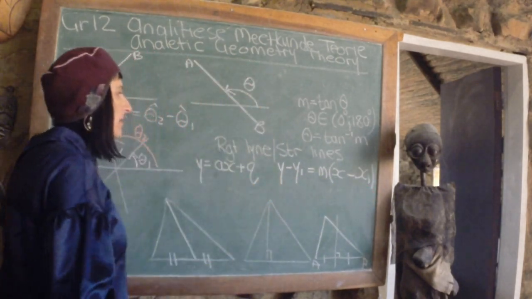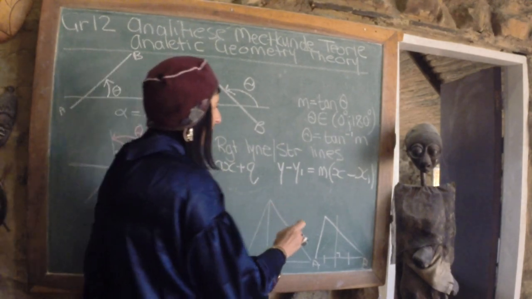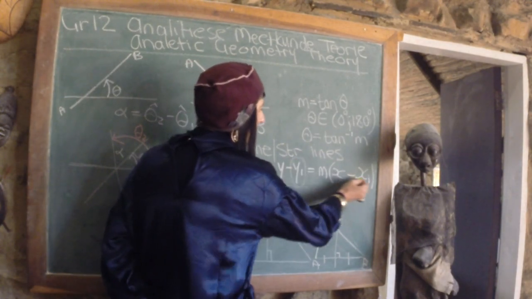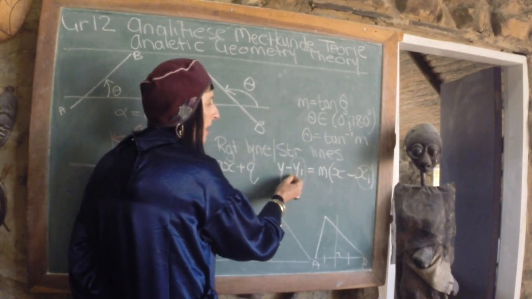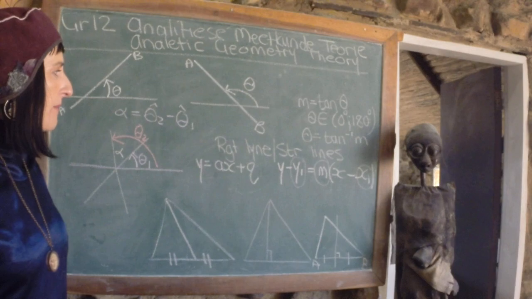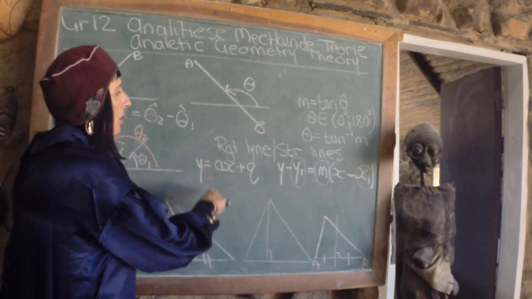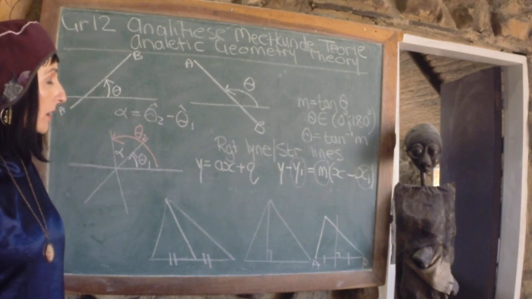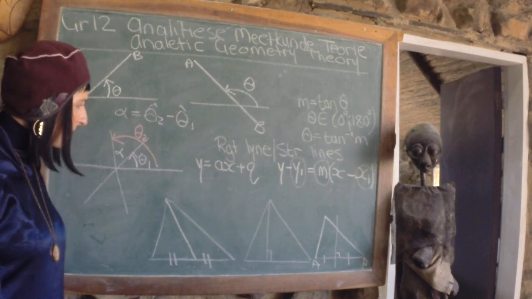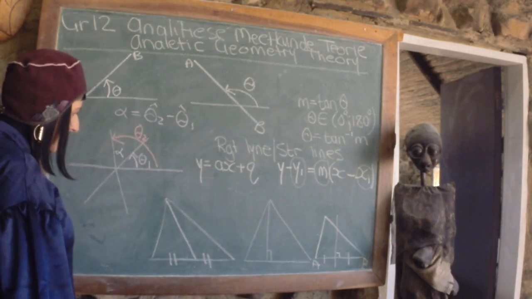Ons gebruik hierdie standaard vergelyking as ons een koördinaat en die gradiënt het. Then we insert the coordinate into the place of x and y, and you insert the gradient into the place of m, and then you can give the standard equation of the straight line. Ook graad 11 werk.